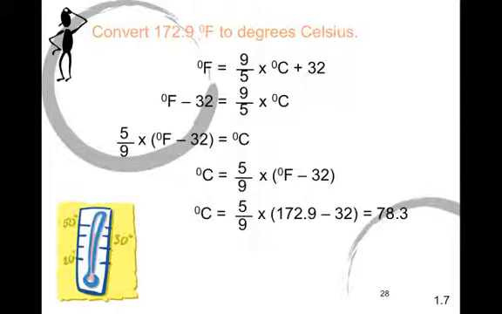You should get 78.3. Make sure you can get that. Everyone getting 78.3? Okay.